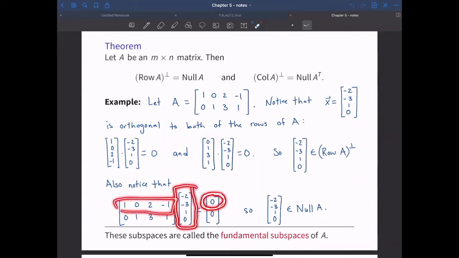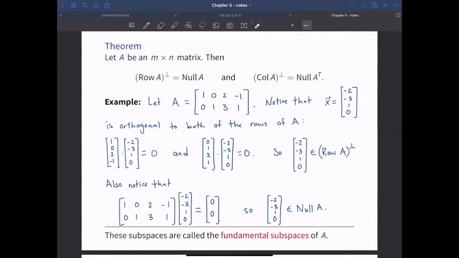Because my vector is orthogonal to the first row, I just get 0 in this spot. Then to figure out what goes in this spot, I take this row and do the dot product with the vector. Again, because they're orthogonal, I get 0 here. So if a vector is orthogonal to both of the rows, when you multiply it by the matrix, you just get 0, 0. Or in other words, the vector also lives inside the null space.